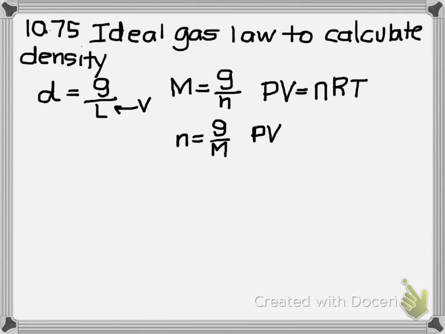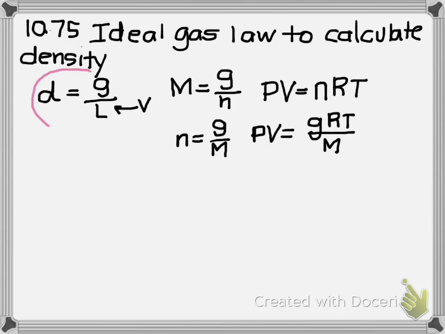So I get PV equals gRT over M. Now, you might recall that I need to have g over V to have density.